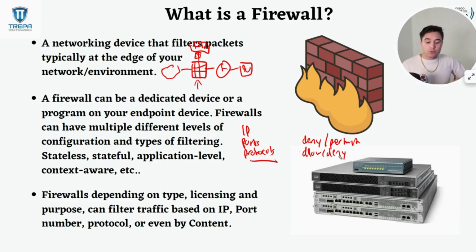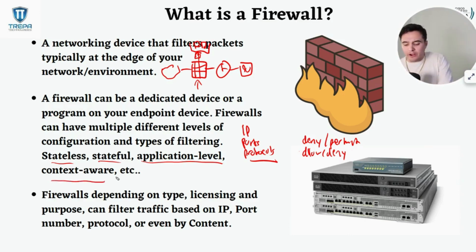But essentially, these firewalls have long lists of what to do with traffic that it's inspecting, okay? And then we have different types of firewalls. We have stateless, stateful, application level, where it's actually going deep into the packet to do that inspection to filter based on an application. It could be so granular, right, to where we could allow Facebook in our network, but deny Facebook messaging all through that application level firewall.